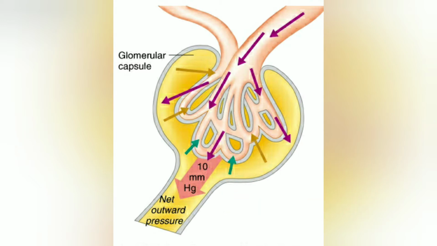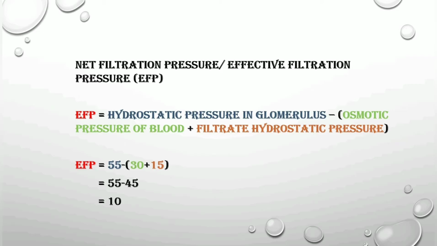Hence we can say that the net filtration pressure, or you can say effective filtration pressure, in short EFP. There is a formula for EFP, that is EFP is equal to hydrostatic pressure in glomerulus minus osmotic pressure of blood plus filtrate hydrostatic pressure.